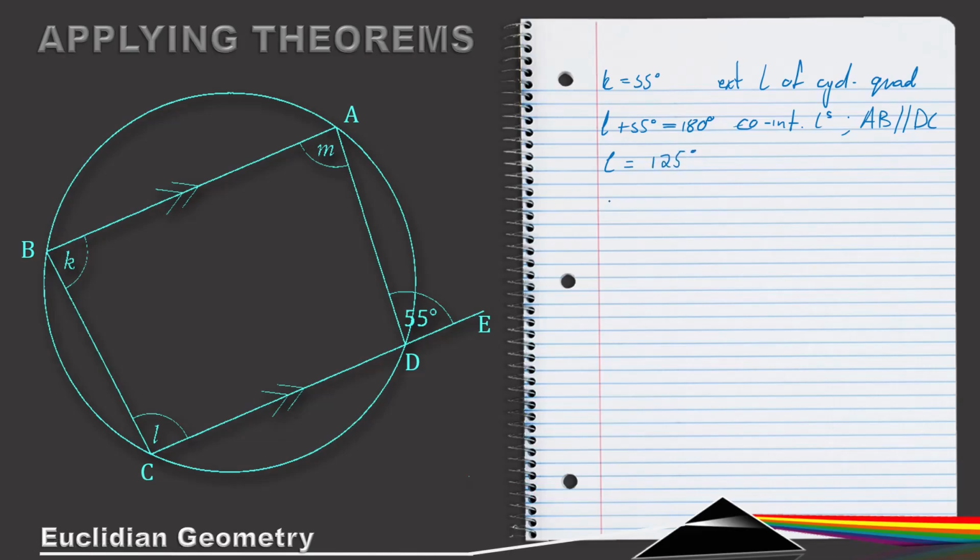And then finally, we can just say that M is equal to 55 degrees because of alternate angles, and the lines AB is parallel to DC.